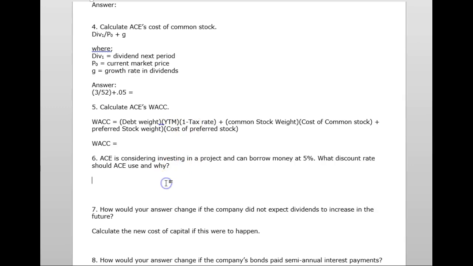And that's going to give you what the WACC is, or the weighted average cost of capital. And I will tell you what it is, but you have to show me how it's calculated. And that comes up to 8.98%.